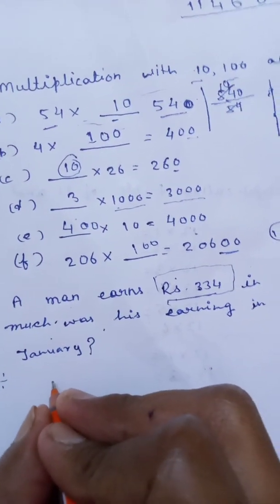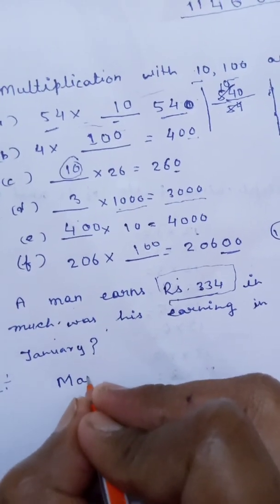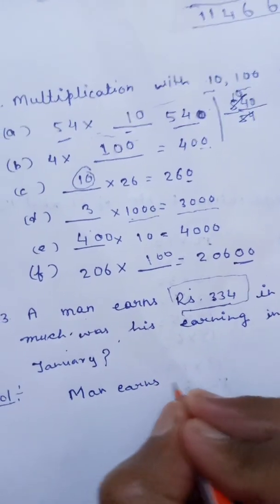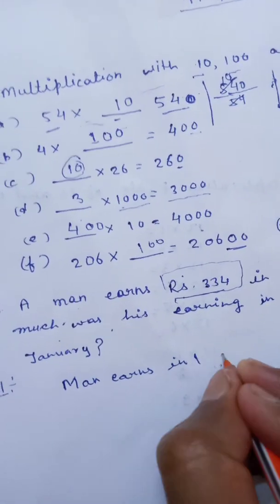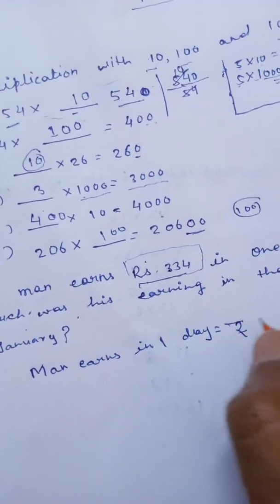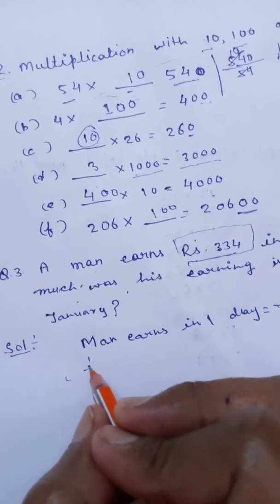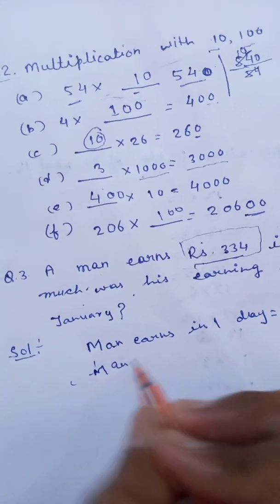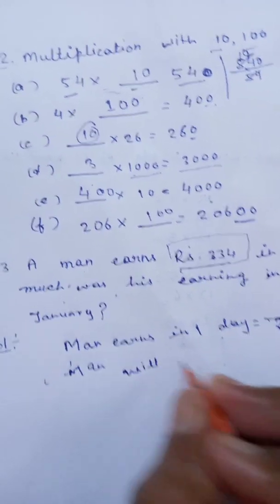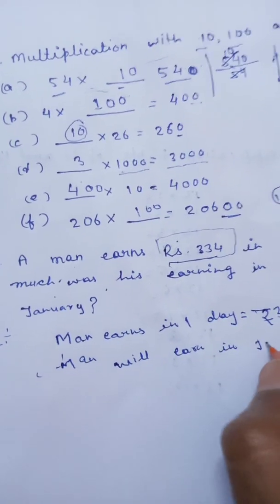Man earns in one day, that is equal to rupees 334. Man will earn in January.